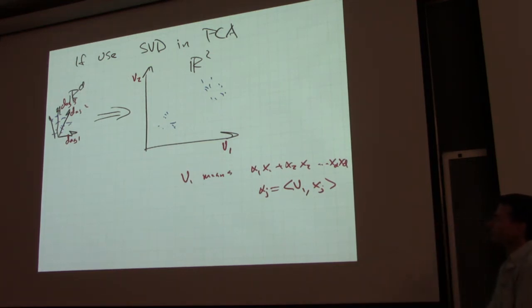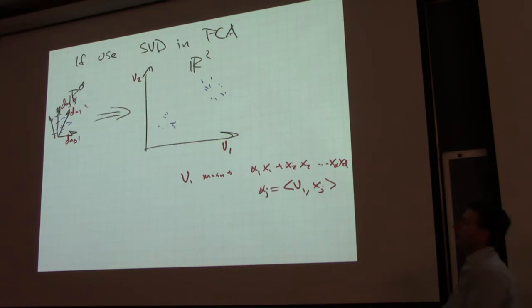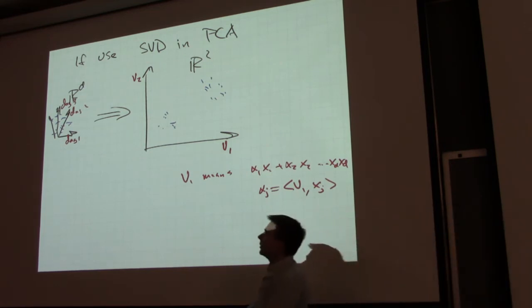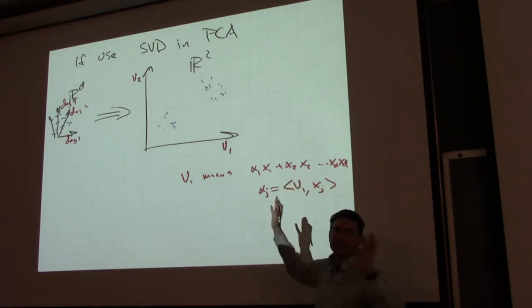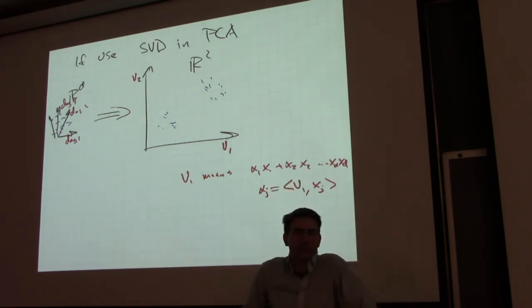All right, so how would we create a basis that's more interpretable than these linear combinations that I magically get out of an SVD?